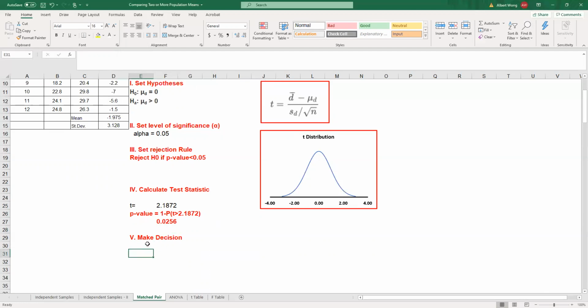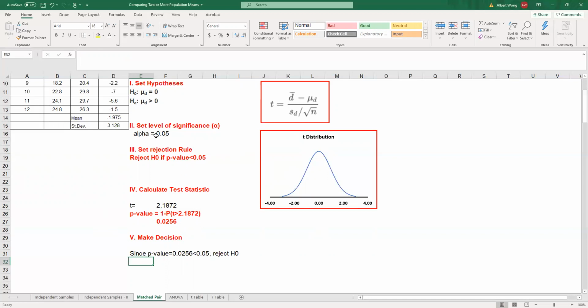Okay? So we can now make a decision. We say since the p-value is equal to 0.0256, this is less than 0.05, so we reject H0. Now, we know that in this problem the significance of the difference is marginal, because if alpha is equal to 0.05, we reject.